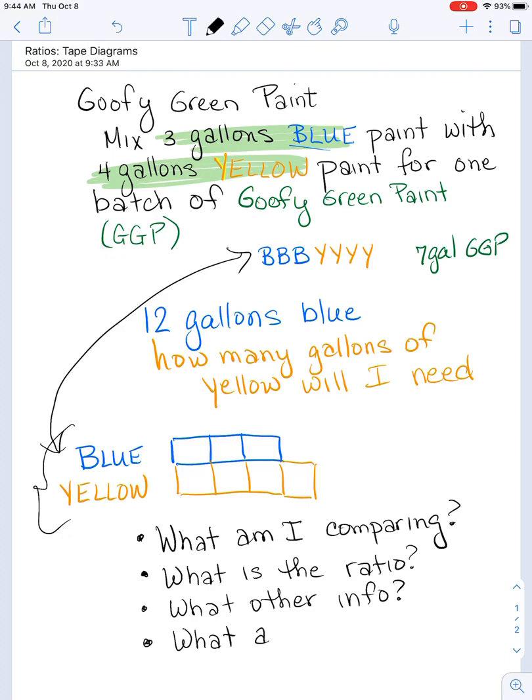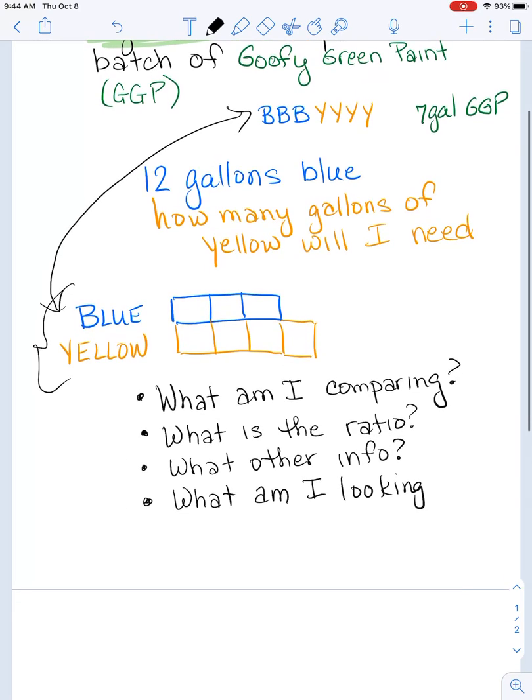In other words, what will my answer look like? And these are always going to be what you're dealing with in a ratio problem. I don't need the words anymore because I have my picture. What am I looking for?